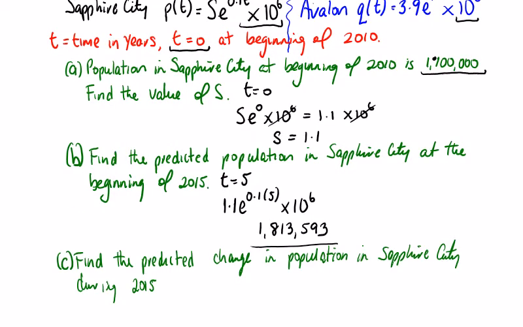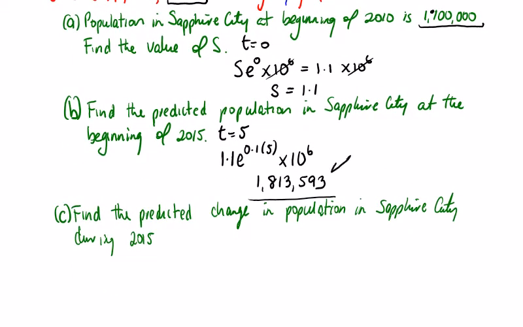In Part C, find the predicted change in population in Sapphire City during 2015. We have the population at the beginning here, so we just need to get the population at the beginning of 2016. So that would be 1.1 e to the power 0.6. We're going to put 6 in for t, or you could write 0.1 times 6 by 10 to the power 6. We type that into a calculator, and we're going to get 2,004,330.68.